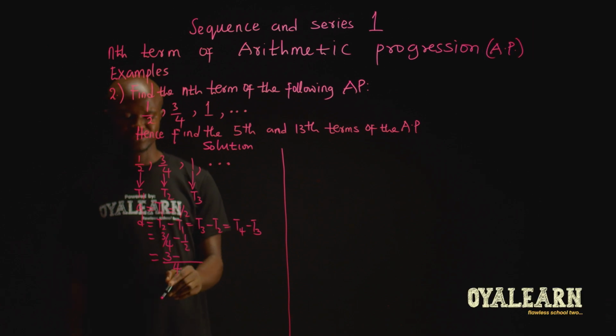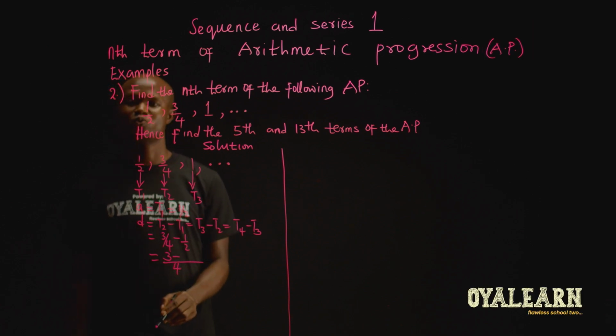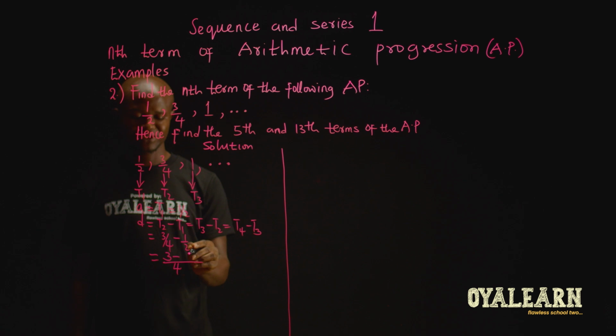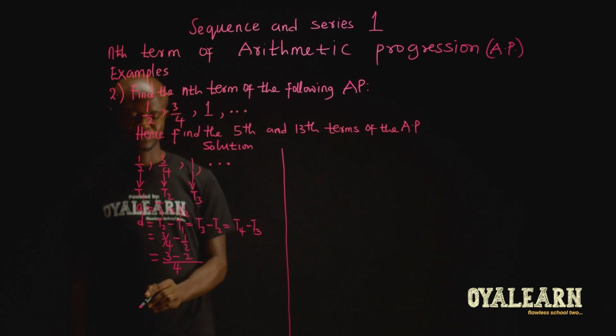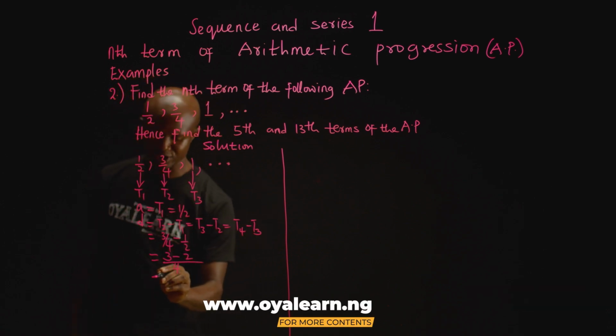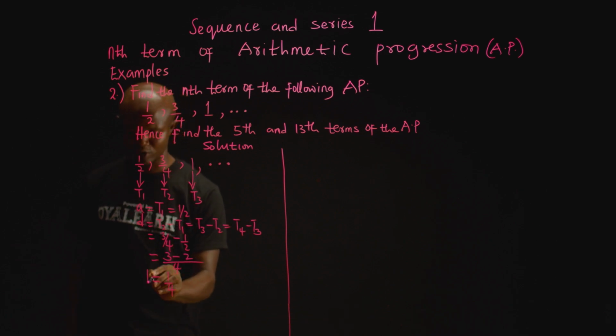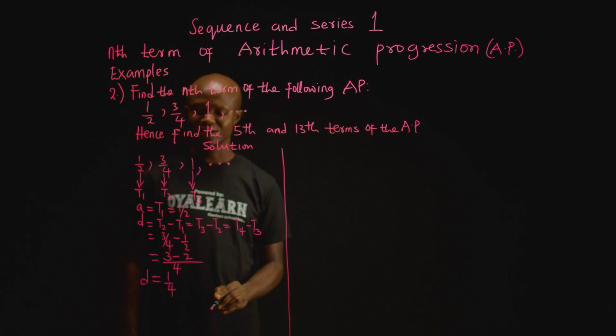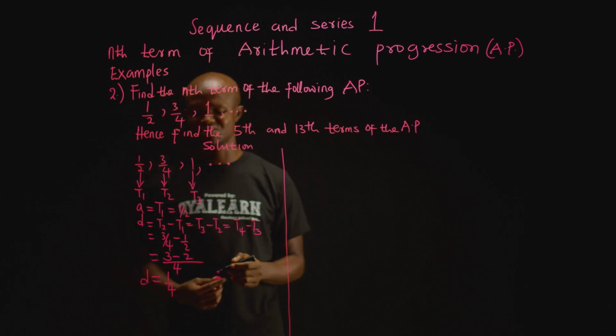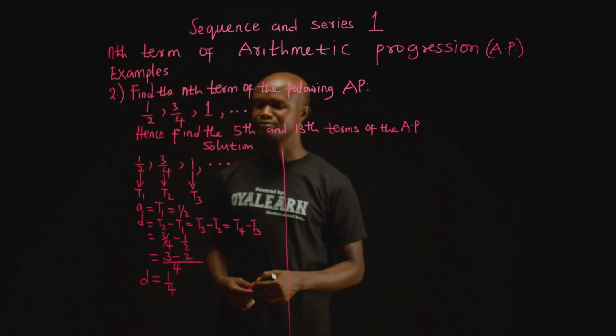Then minus 4 divided by 2, we have 2. 2 times 1, we have 2. Now this will give us 3 minus 2, 1. So we have 1/4 equals D. So the common difference is 1/4.